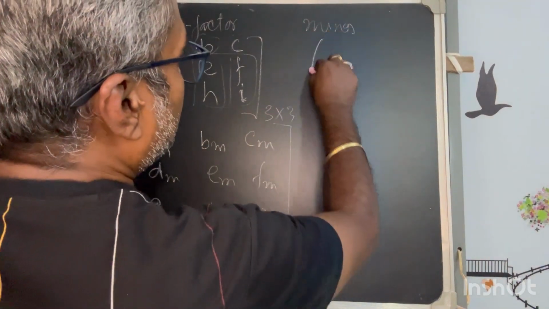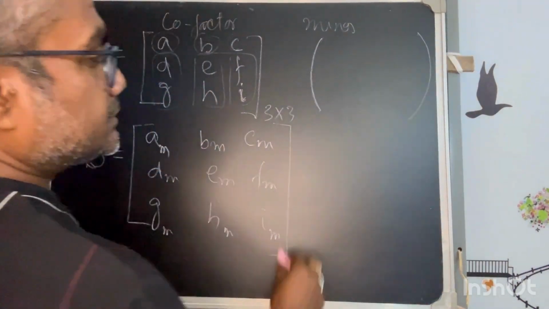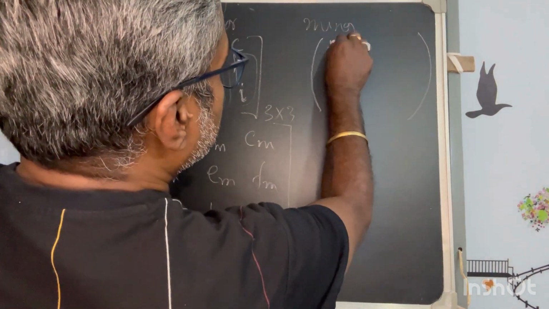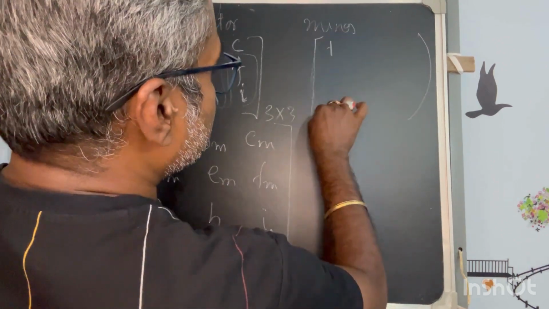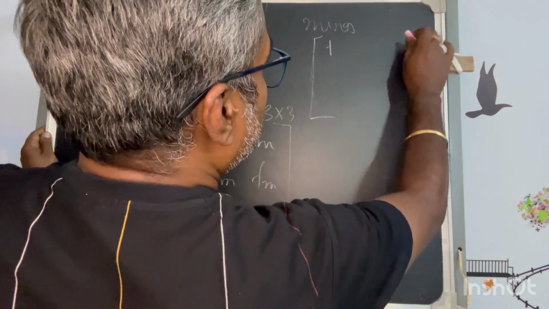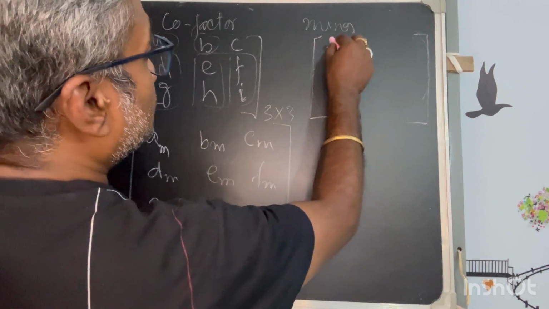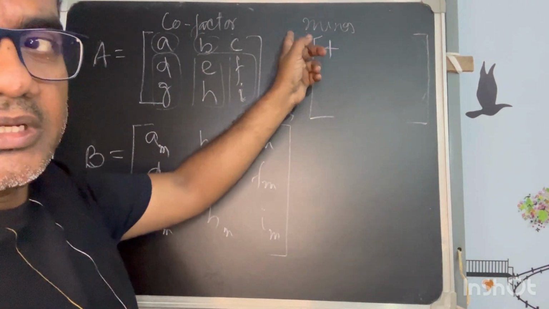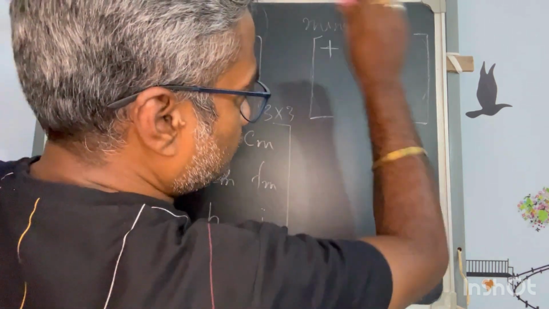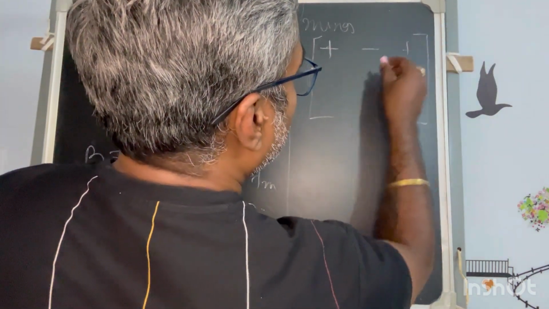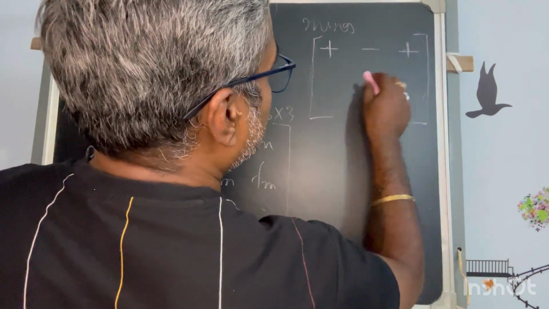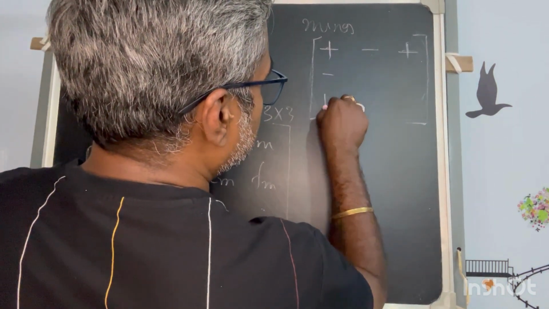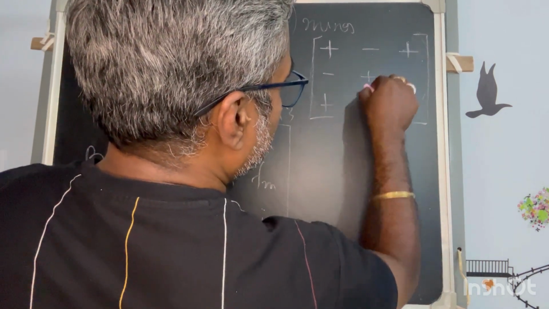And we already know the sign of each element. Each has a specific sign. Let me take it in the same form of square bracket. What we know is it will start from positive at the extreme left top, and then on both sides it will consecutively move with alternate change in sign. So plus will become minus, minus will become plus, and this side also plus, minus, then plus; plus then minus, plus.